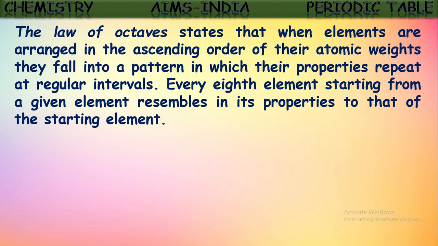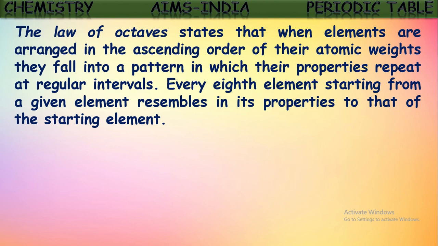The law of octaves states that when elements are arranged in the ascending order of their atomic weights, they fall into a pattern in which their properties repeat at regular intervals. Every eighth element starting from a given element resembles the starting element in its properties.